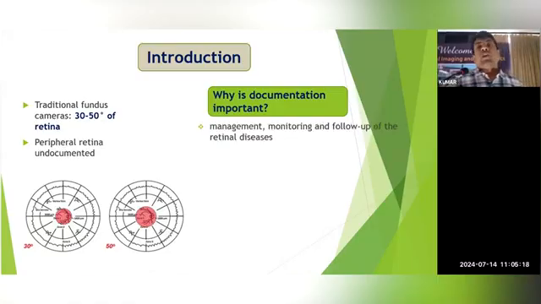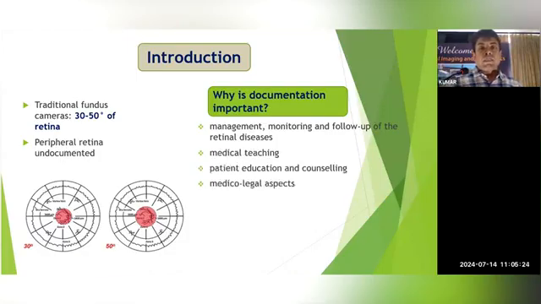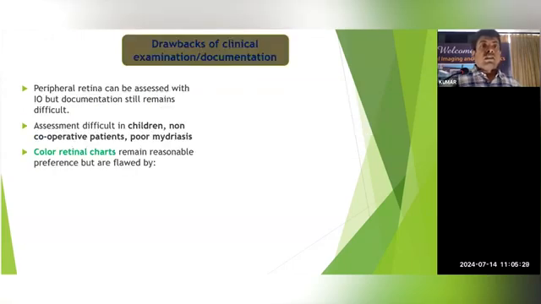Why is documentation important? Because for management, monitoring and follow-up of retinal diseases, we need documentation. It is also needed for medical teaching, patient education and counseling, medico-legal aspects, and telemedicine. Whatever peripheral retina cannot be documented on routine fundus imaging can still be assessed with indirect ophthalmoscopy.